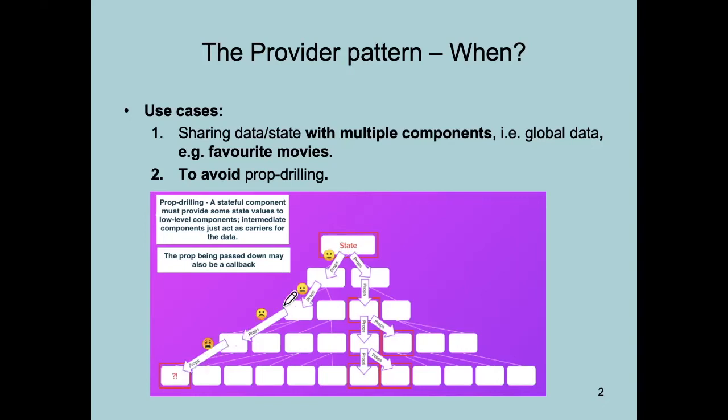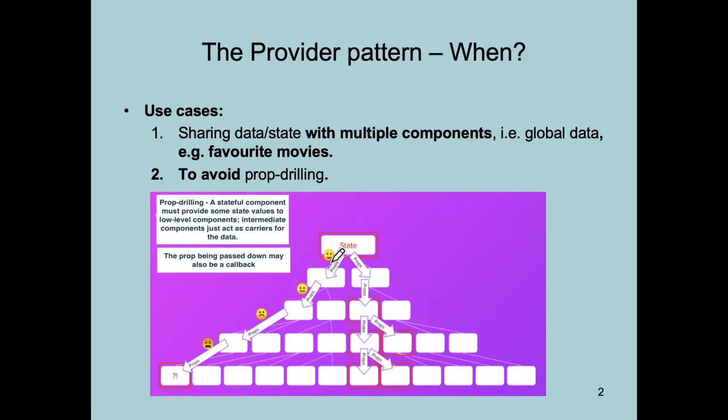And the intermediate components, like this one here and this one here, don't do anything with the data. All they do is receive it from their parent and pass it on to their child. So all of these intermediate components are simply transporters of that data. They don't actually use it themselves at all.